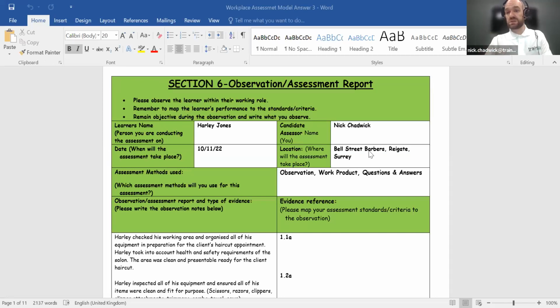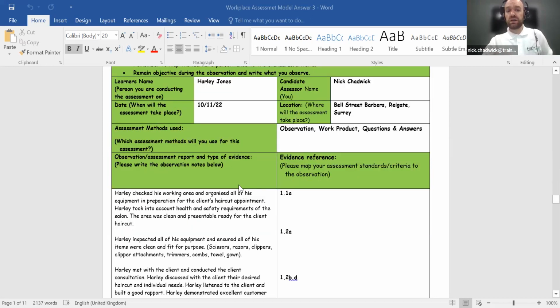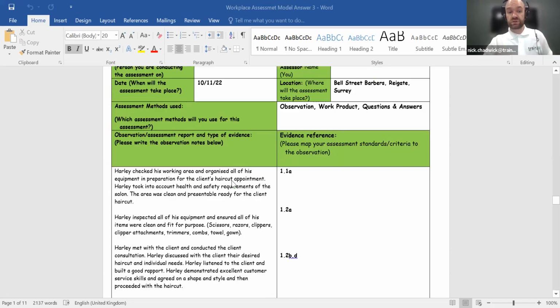Now, just a few things with the observation. As we know, please remember to observe the learner objectively within their day-to-day working role. Remember to map the learner's performance to standards or criteria, and also to remain objective during the observation. So to put this into picture, I observed Harley cutting the hair of a customer.